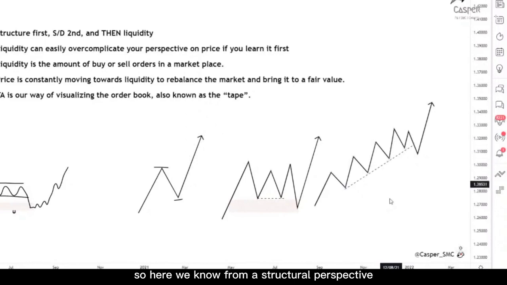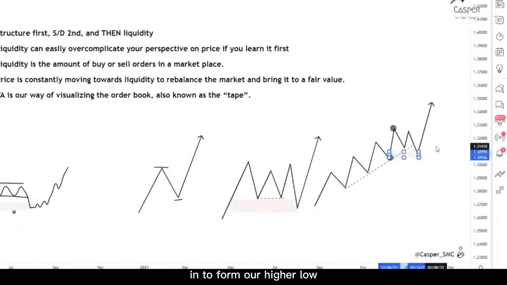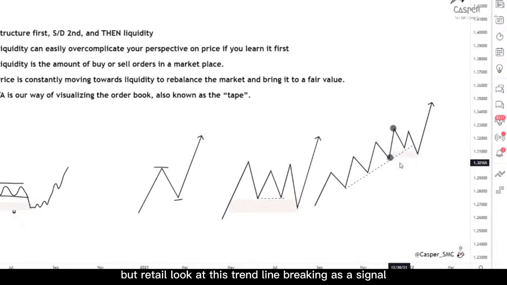So here we know, from a structural perspective, that our high and low is right here. So this is all just internal structure. No trend was broken for us. We probably just came back down to form our high or low. But retail looks at this trend line breaking as a signal to get out of their longs and sell to smart money, or they look at it as a signal to just sell and short.